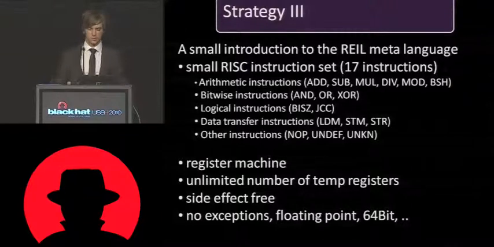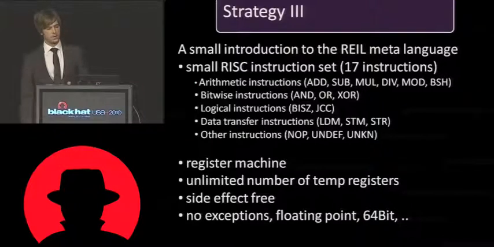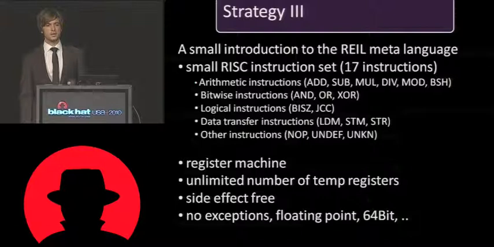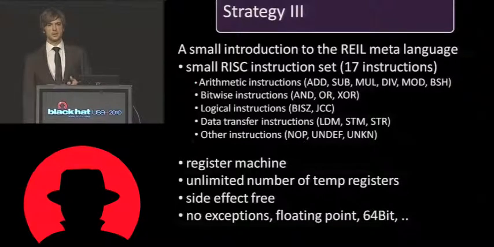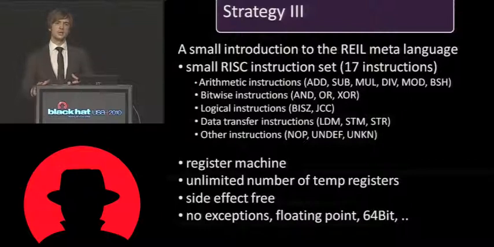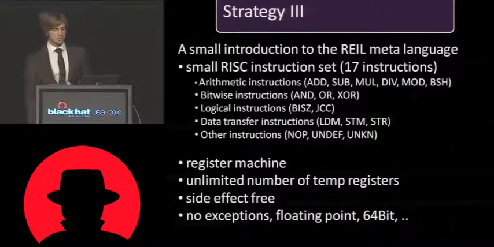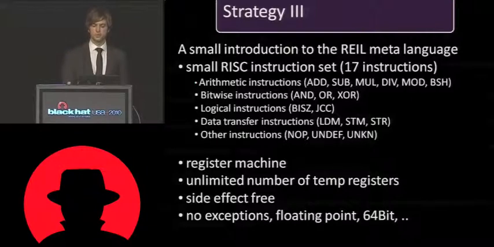Maybe the audience knows more than me, but basically that's it. The no exceptions comes from the fact that exception handling in platforms has to be treated architecture independently as well, and we have currently not implemented that yet, so this is one of the further improvements which we can do to the REIL instruction set.